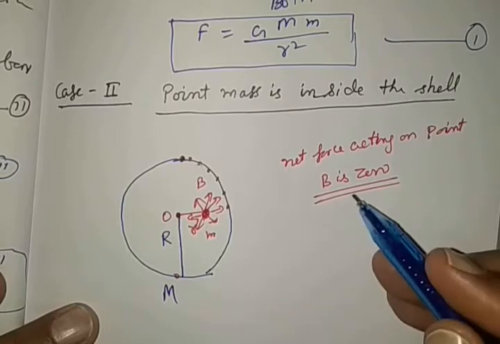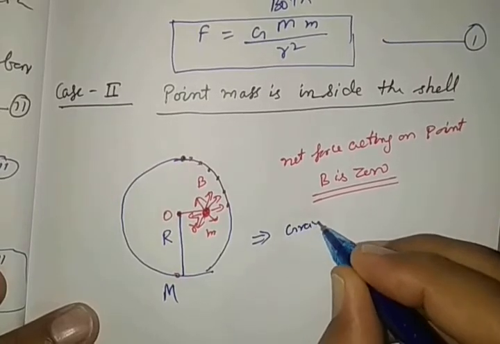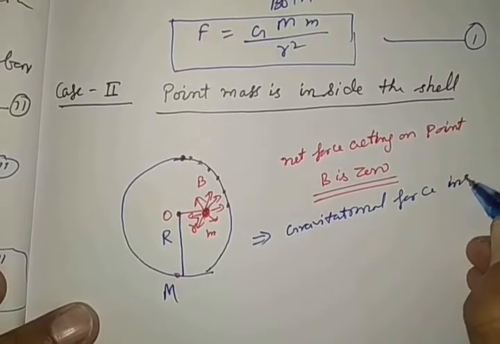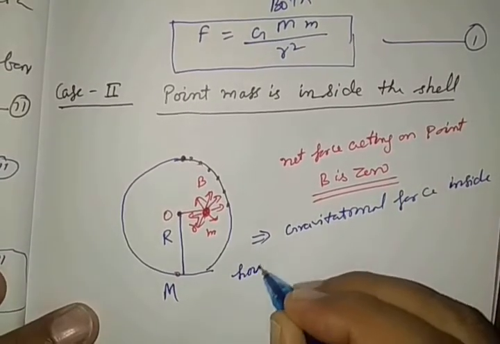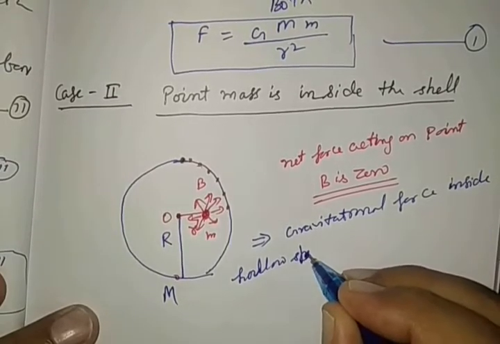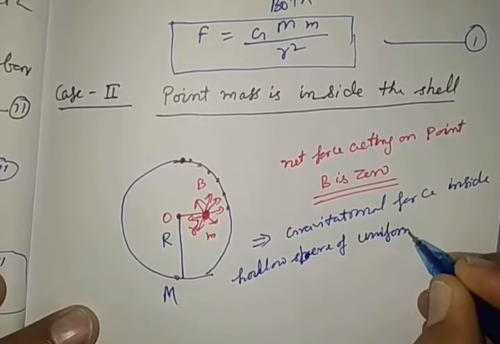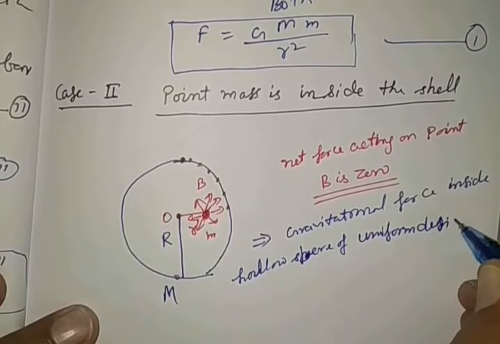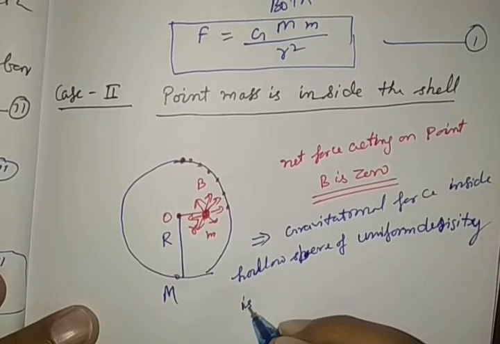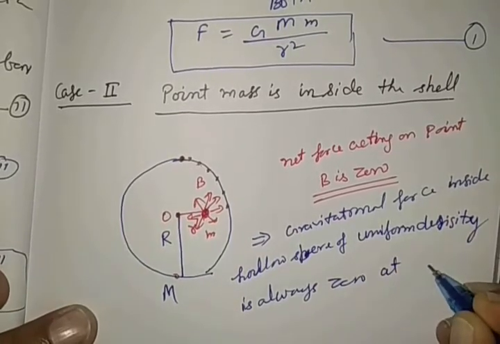If no force acts on it, this implies that the gravitational force inside a hollow sphere of uniform density is always 0 at any point.